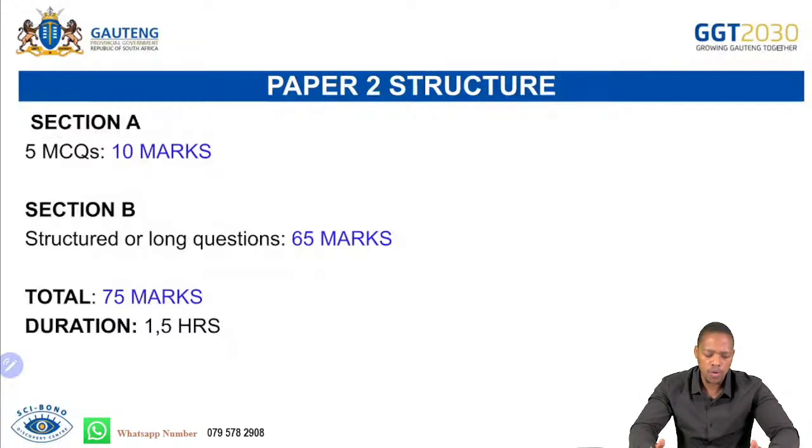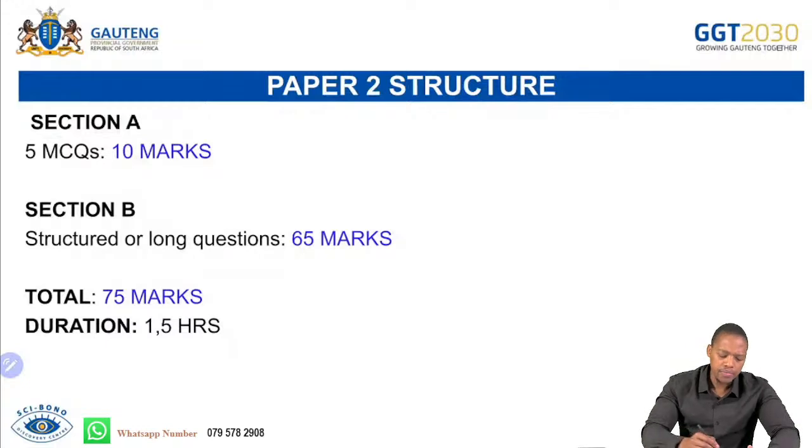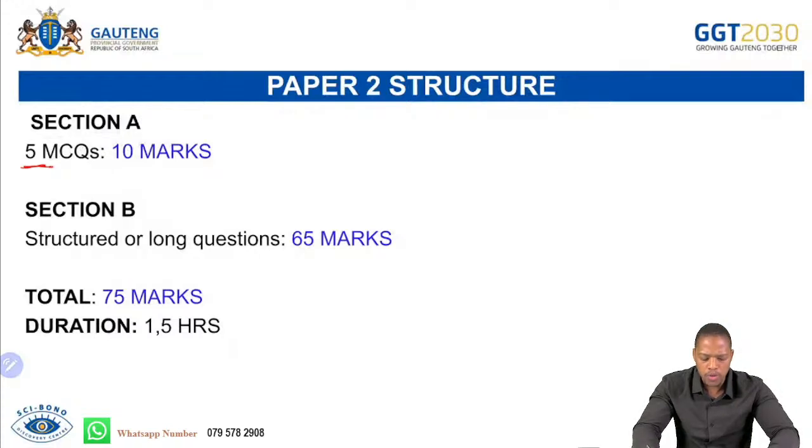Paper 2 consists of 2 sections. Section A has 5 multiple choice questions, and these 5 multiple choice questions have a total of 10 marks. Section B is your structured or long questions, and these questions are out of 65 marks. The total of paper 2 in technical science is 75 marks.